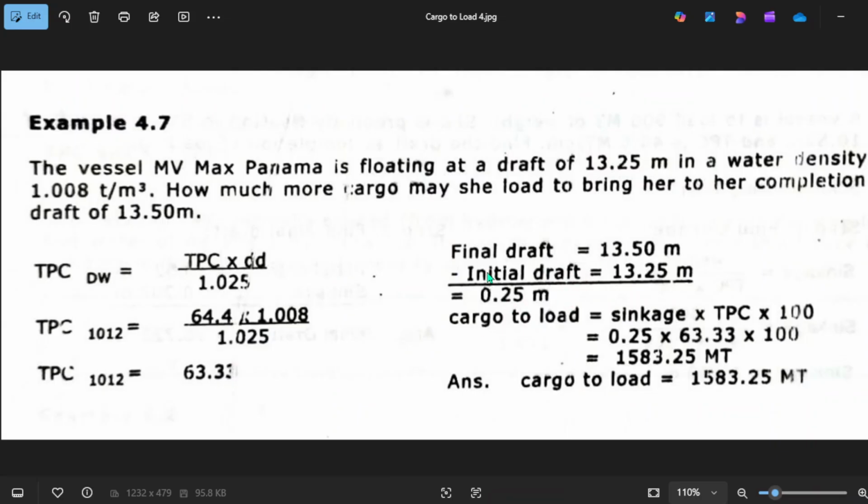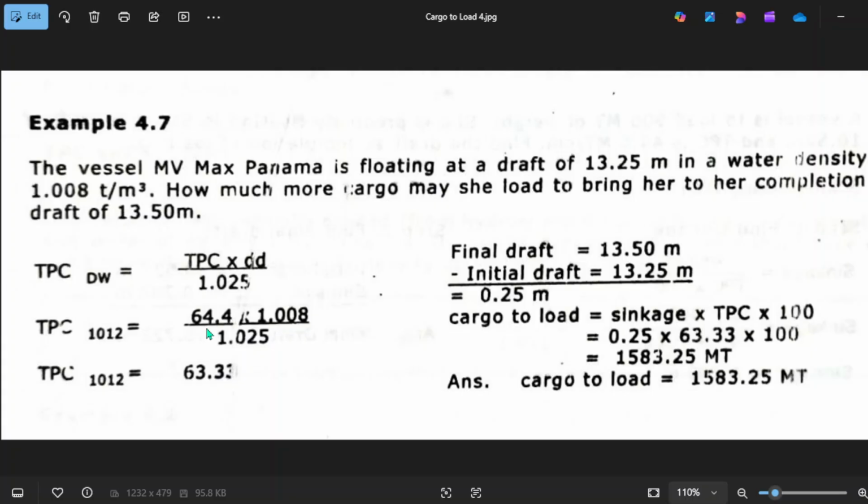Now the next step is how to compute the remaining cargo to load, or cargo to load, and the formula is sinkage times TPC times 100. But take note, the TPC has already been interpolated using this density of 1.008.